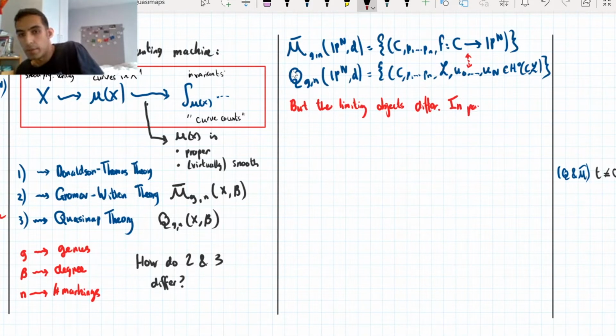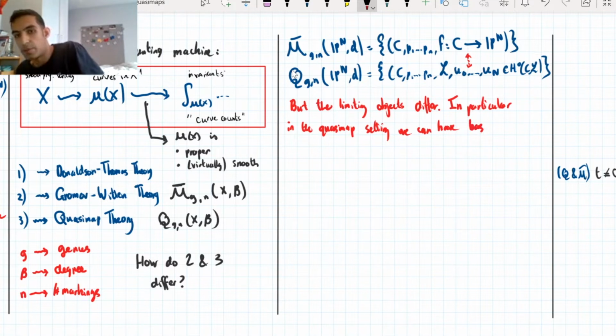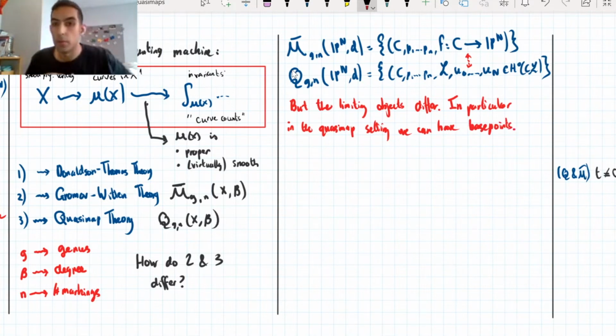In particular, in the Quasimap setting, we can have base points. So what you do is you let these sections vanish sometimes, or simultaneously vanish sometimes.